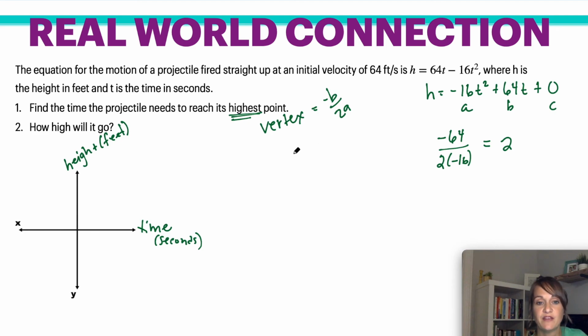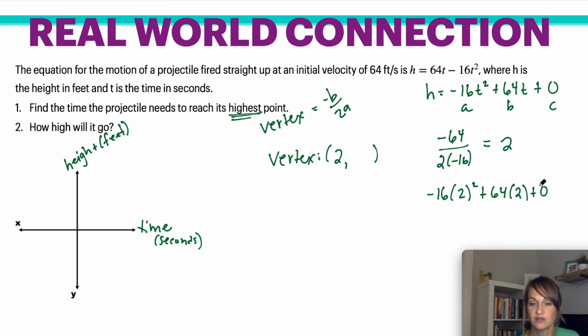So I know that my vertex x value is 2, and then we're not sure what the y value is, so what we need to do is plug 2 back in. So negative 16 times 2 squared plus 64 times 2 plus 0. So we'll get negative 16 times 4 plus 64 times 2, which will get us 64. So therefore our vertex is 2, 64.